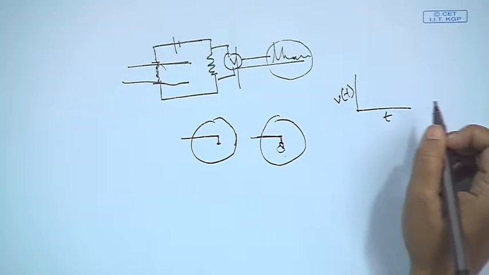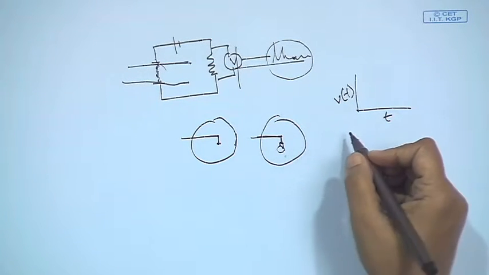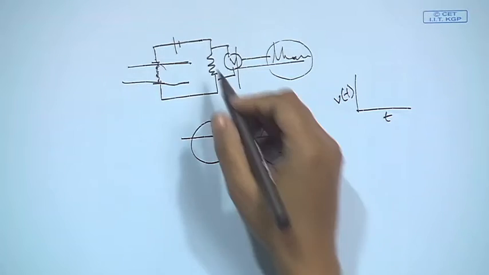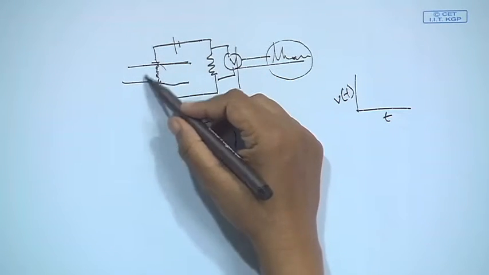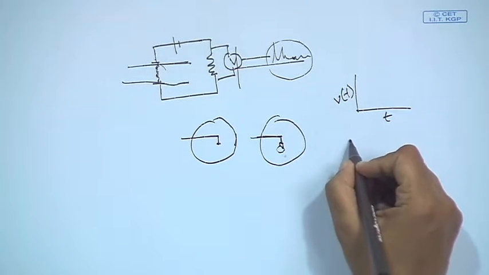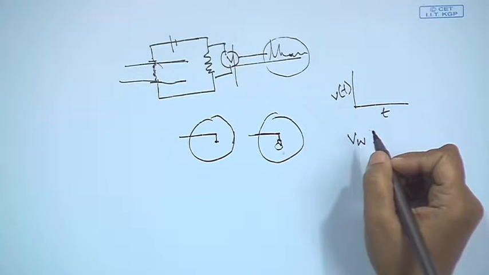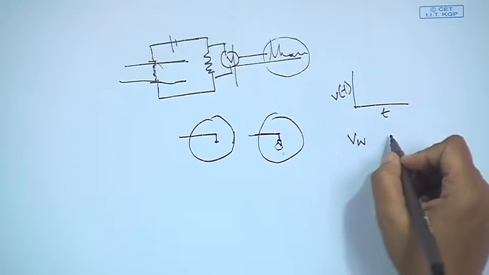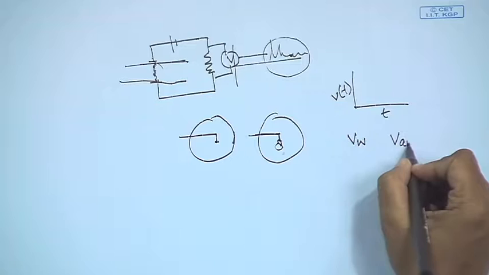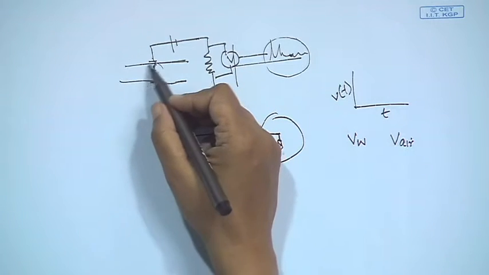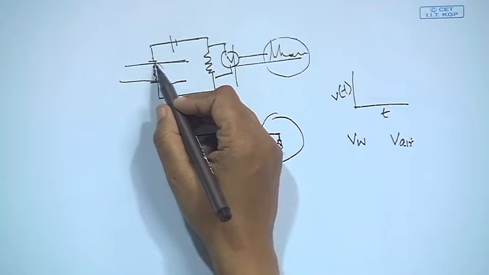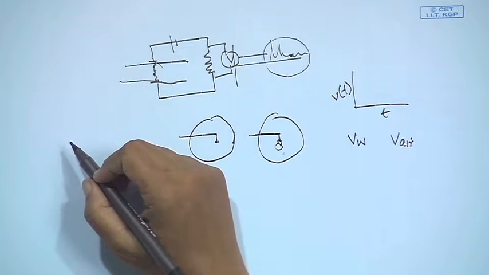Now, how is it normalized? Initially, the voltage when the system is full of water is recorded, say this signal is VW, and then the voltage for the flow passage completely empty, or for air flow, is recorded.